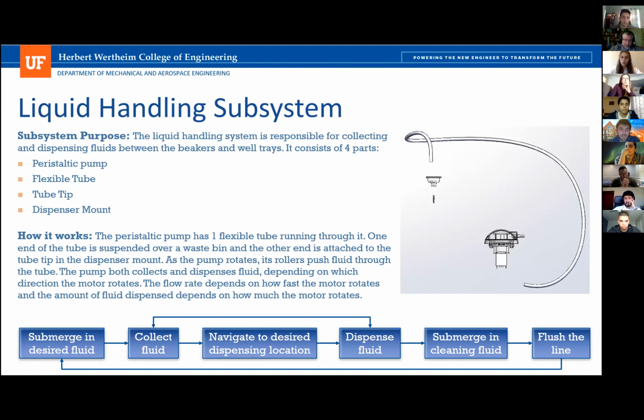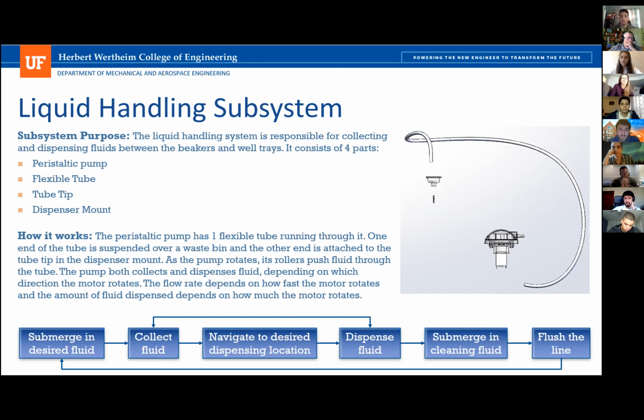On one end, we have a tube tip, which is just a barbed fitting. And then that tip has a mount that the tube and the tip connect to, such that it can be mounted on the liquid control system that moves in the X, Y, and Z direction.